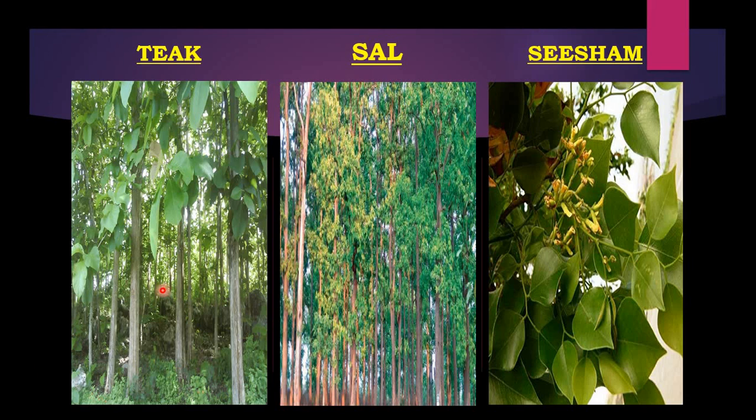These are also the same. You see the timber, how big it is, and these are the leaves, and this is a sesame. So these are the three types of trees found in the deciduous forest, and very useful for the purpose of furniture.